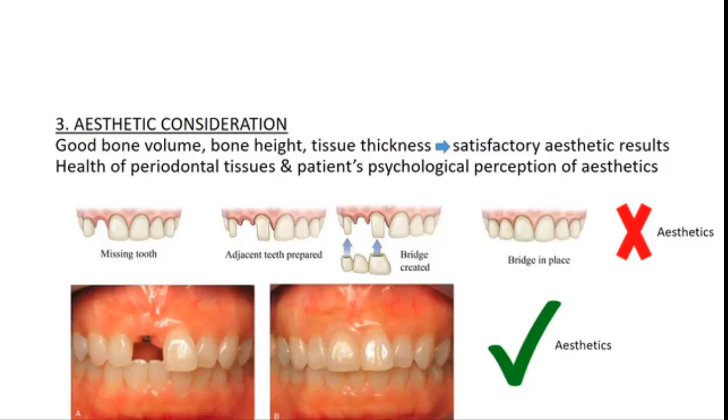You require good bone volume, bone height, tissue thickness, good biological width, satisfactory aesthetic results when there is healthy periodontal tissue surrounding the implant, especially in the aesthetic zone, what you can see in the photographs.